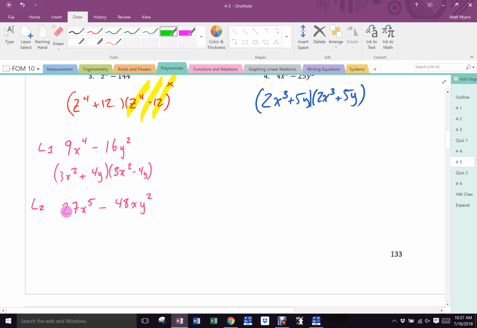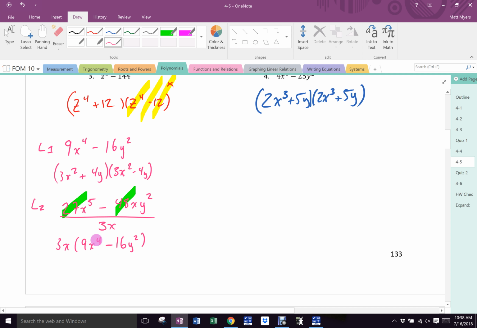Is there a common factor to 27 and 48? What is it? What number goes into 27 and 48? 3. So that means I could divide all of this by 3. Is there anything else common? x. So I get 3x, 9x to the 4th minus 16y squared.